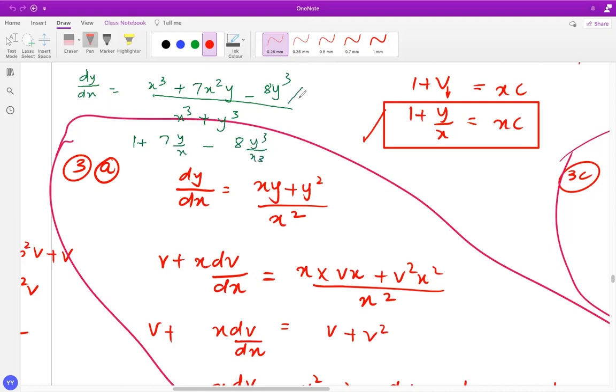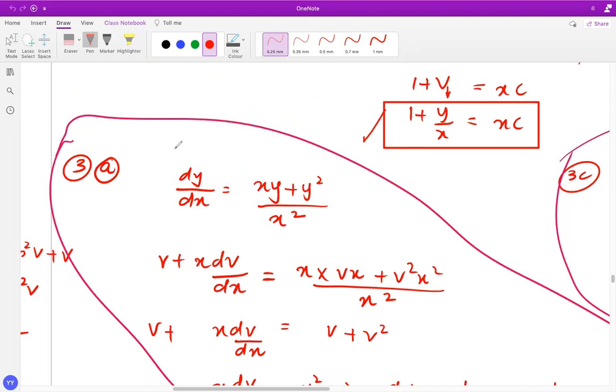I'm dividing both numerator and denominator by x cubed, so the x cubed cancels and I get 1, and y cubed over x cubed is y over x the whole cube. So you can see that I could write the derivative expression as a function of y over x everywhere. This is why we call it a homogeneous equation.